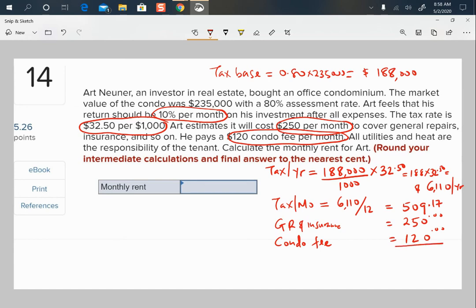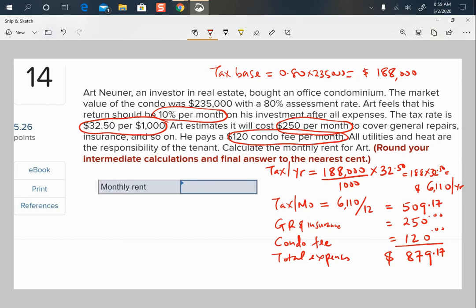So in terms of the total expenses, it is 509 plus 250 plus 120, and we have a total of $879 and 17 cents. So this is the total expenses the investor will be incurring on a monthly basis.